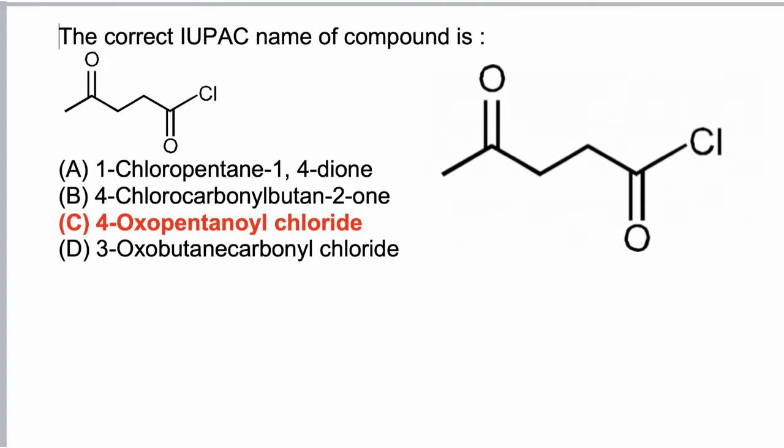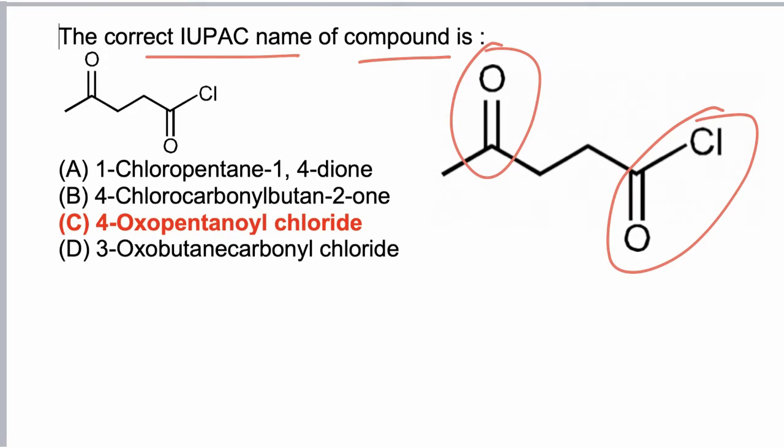In this question, we have to find the correct IUPAC name of the compound. Now this molecule has the functional groups acid chloride and ketone, but in the priority table, acid chloride has higher priority over ketone. So numbering should be done from the acid chloride end. So 1, 2, 3, 4 and 5 carbon atoms are present in the main chain. Now at the 4th position, a keto or oxo group is present.